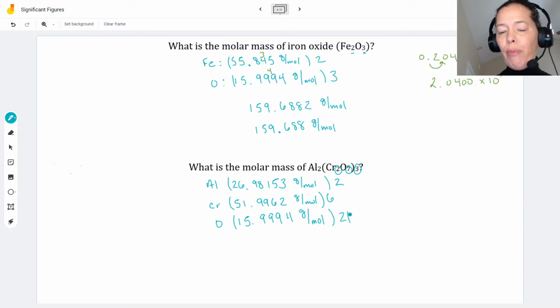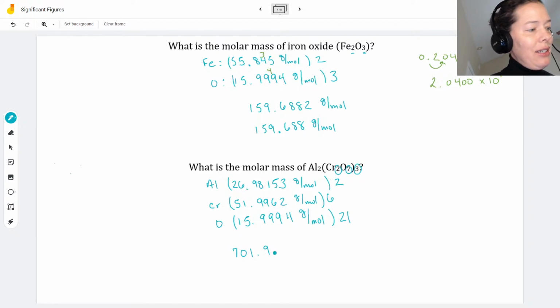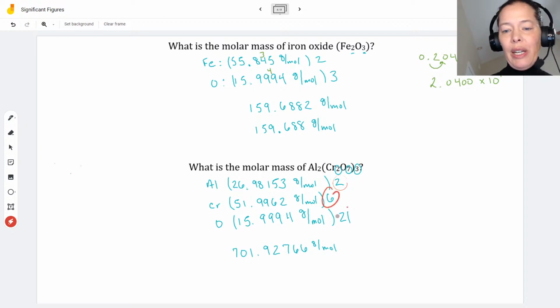Putting this into my calculator, I get 701.2766 grams per mole.